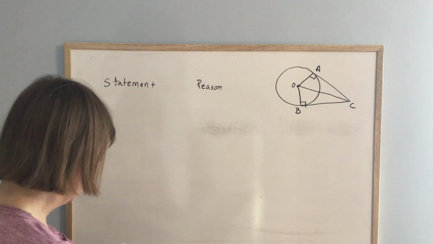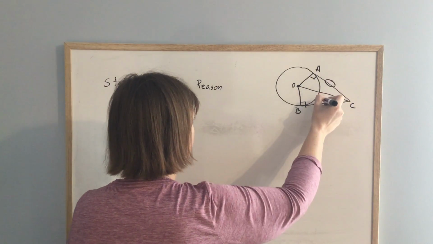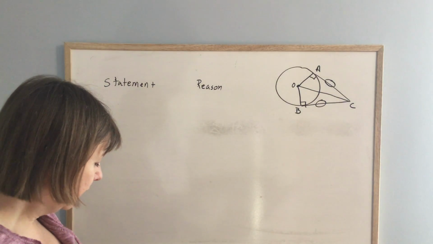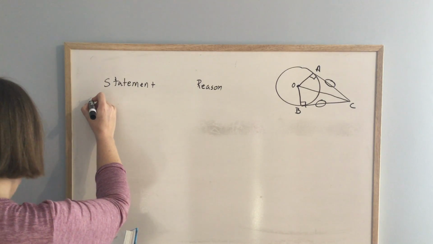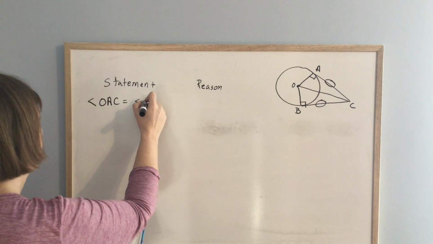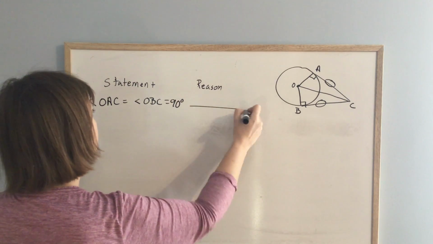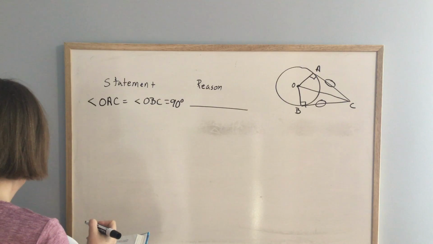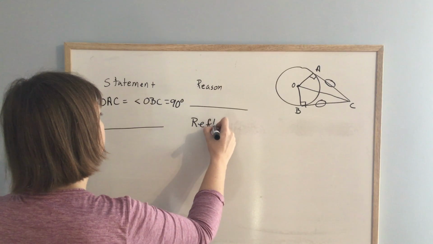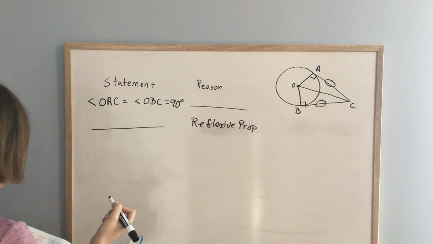Now, they want us to prove that AC is equal to BC. So they want us to prove that this and this are the same. That's what they want us to do. And so they say over here, they make a statement, OAC is equal to OBC, which is also equal to 90 degrees, and the reason. And then they give us a blank, and they say the reason is because of the reflexive property.